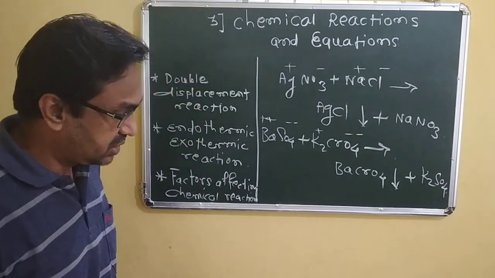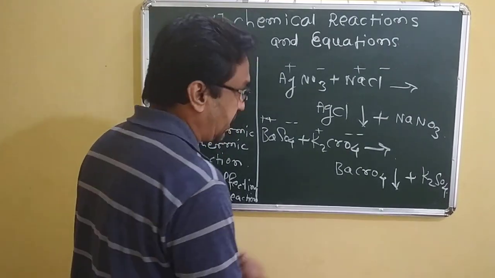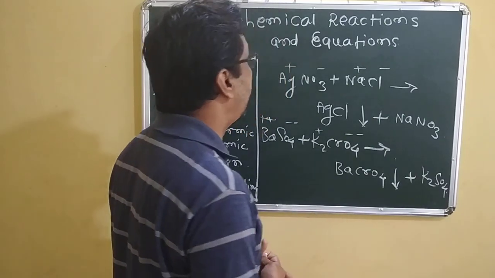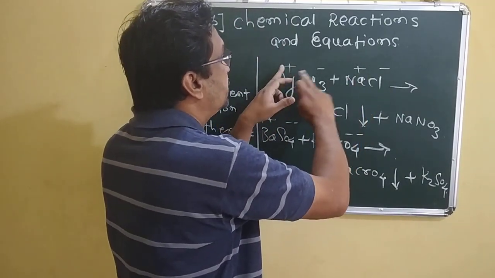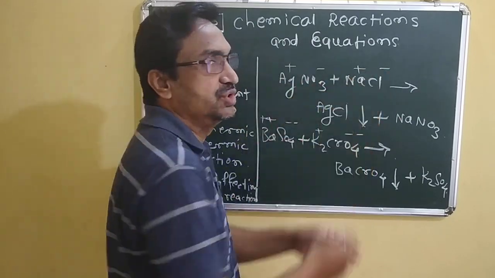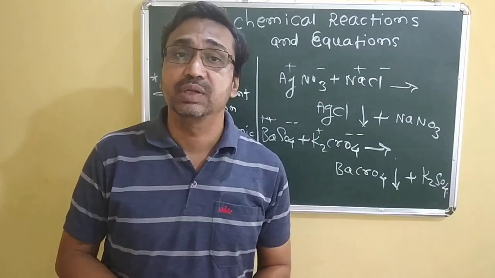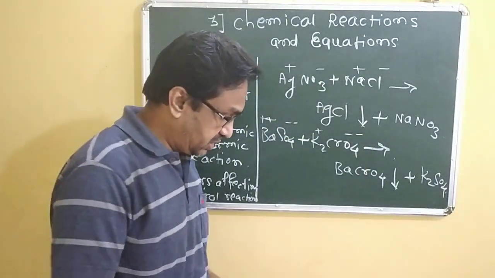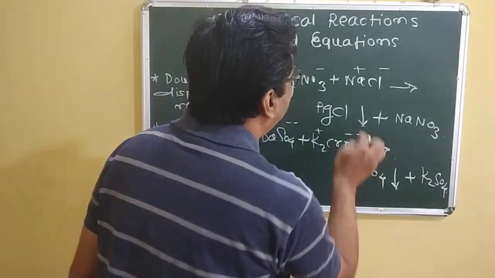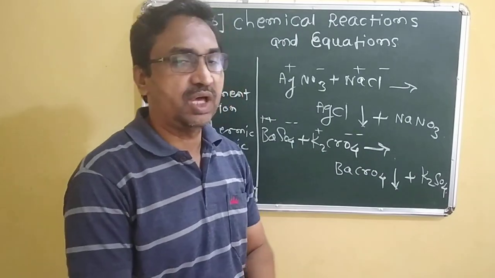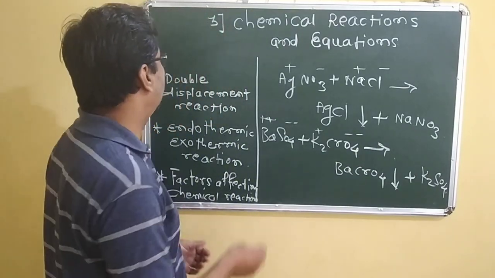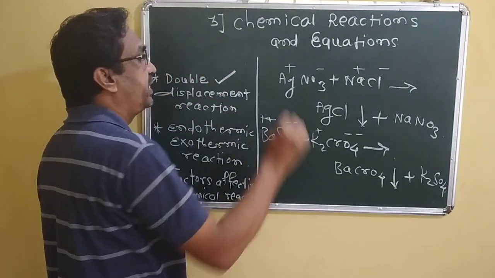So the reaction in which the ions of the reactants, positive with positive and negative with negative, are exchanged with each other, a precipitate is formed, and two different substances are formed, is called a double displacement reaction.